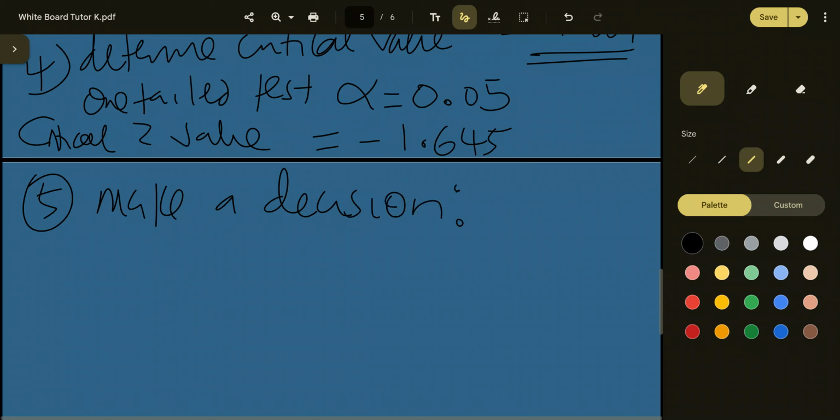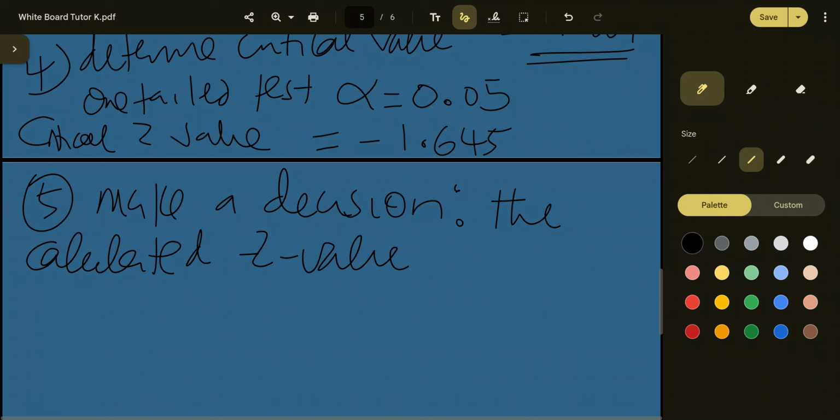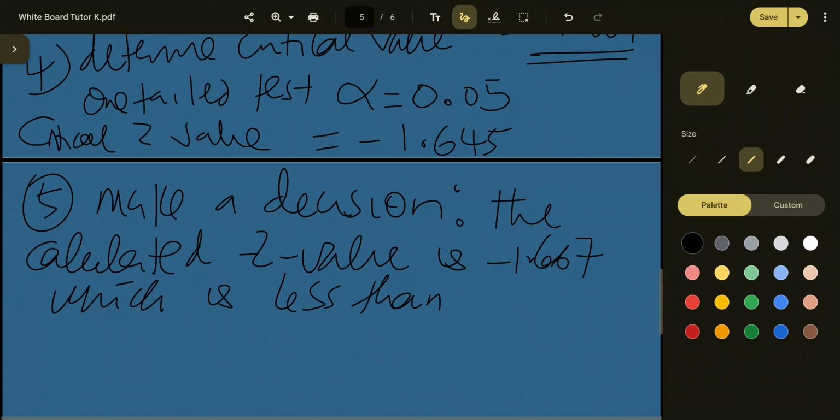So the decision that you're going to make: the calculated z value, the one that you calculated when you were doing the test statistic, the value that we found, is negative 1.667, which is less than negative 1.645 for the critical value.